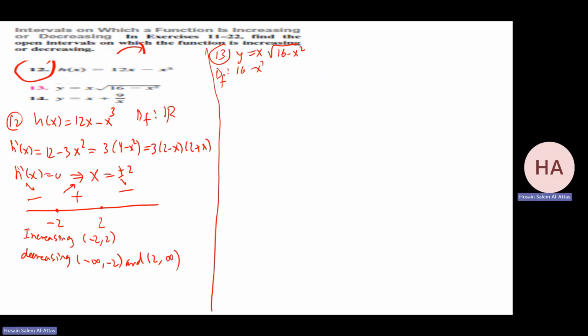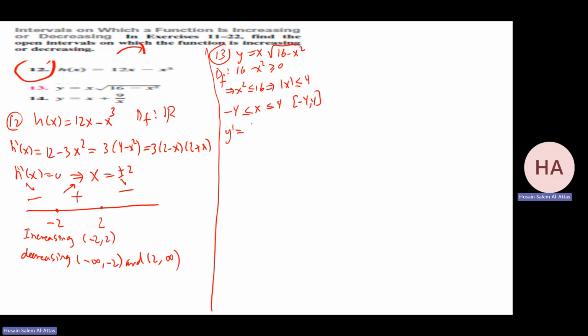I need 16 minus x squared positive, which means x squared less than 16, meaning absolute value of x less than or equal to 4. So x between minus 4 and 4. So this is my domain, minus 4 to 4. I will concentrate on this interval. We'll find y prime now.